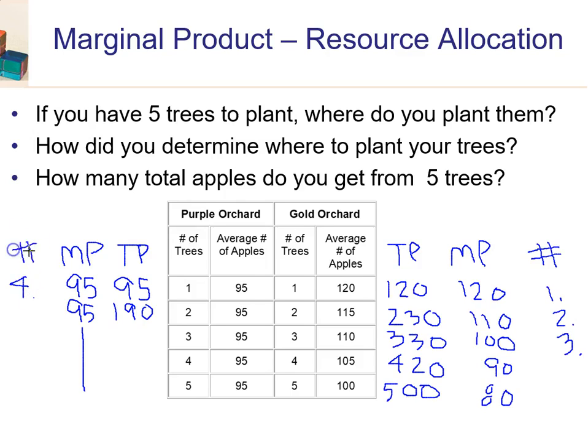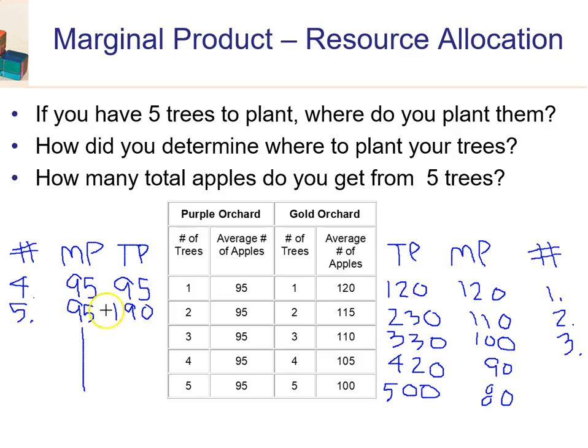That's our fourth best. And we have 5 trees to plant. Where does the fifth tree go? Marginal productivity stays at 95 on the purple side. Planting a fifth tree here, so the next tree on the gold side, would still get you a marginal productivity of 90. So the purple exceeds that. That's where the fifth best option is.